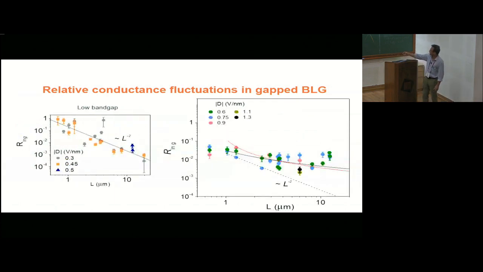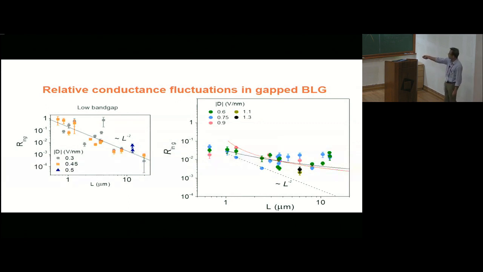And as you can see, the typical gap is on the order of 60 millielectron volt, 70 millielectron volt, 90, 110, 130 millielectron volt of gap. These experiments are all done at dilution refrigerator temperature, where temperature fluctuation is very small.